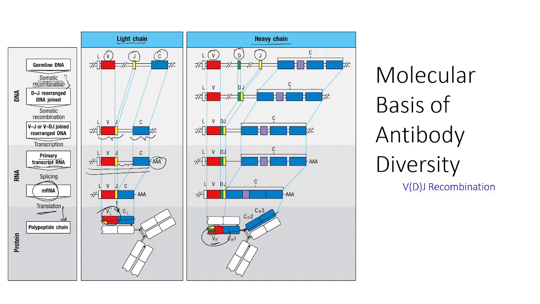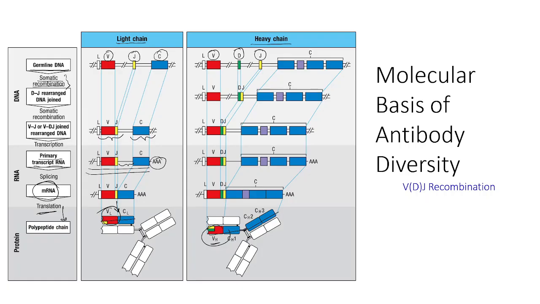Okay. We can talk a little bit about the molecular basis of antibody diversity. Antibodies consist of two types of polypeptide chains, the light chains and the heavy chains. The diversity is generated by randomly mixing and matching the different gene segments during B cell development.